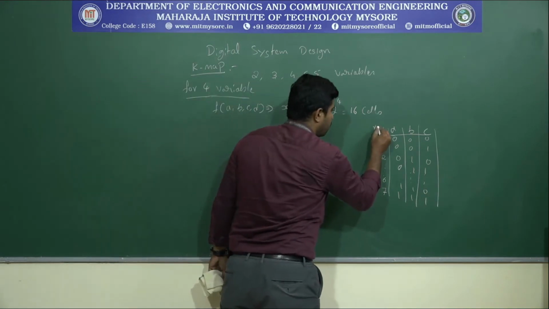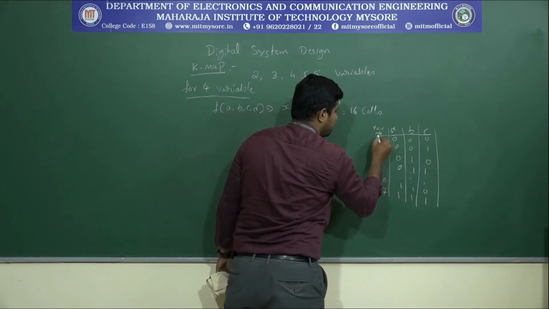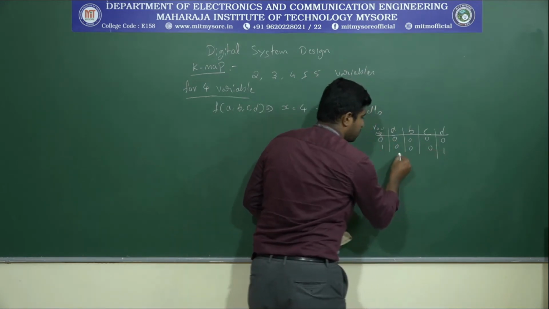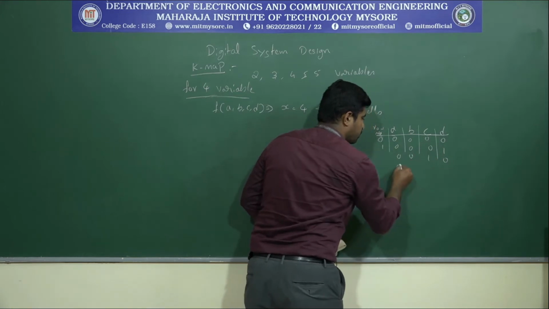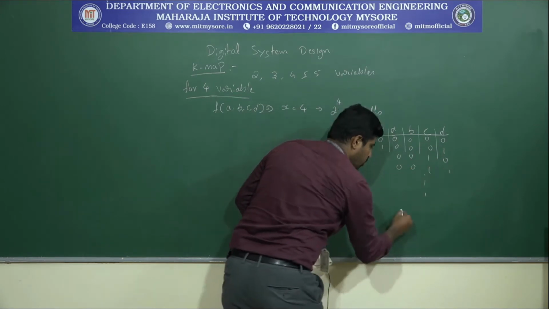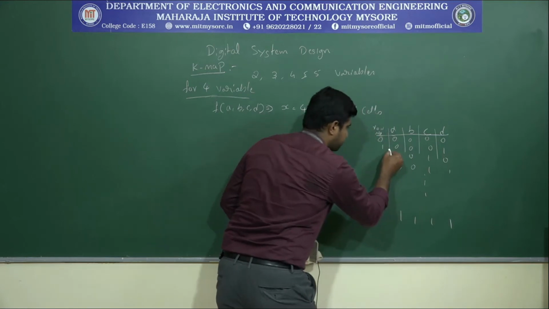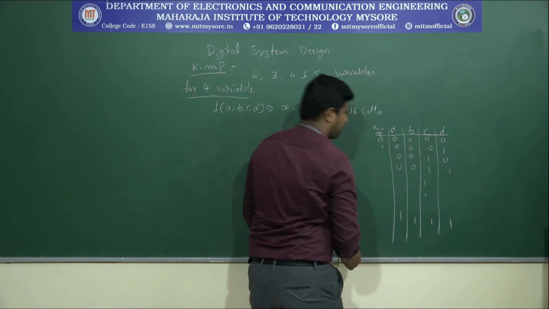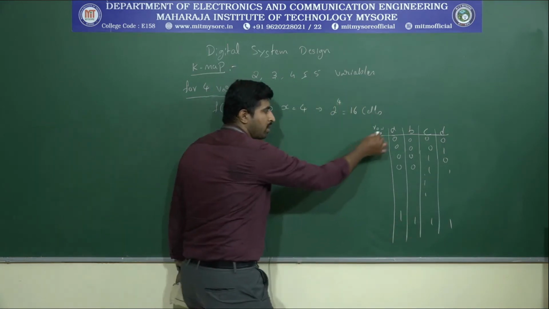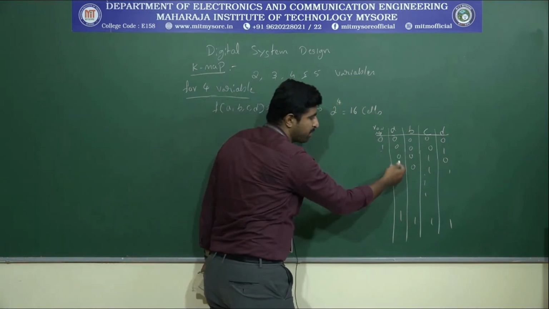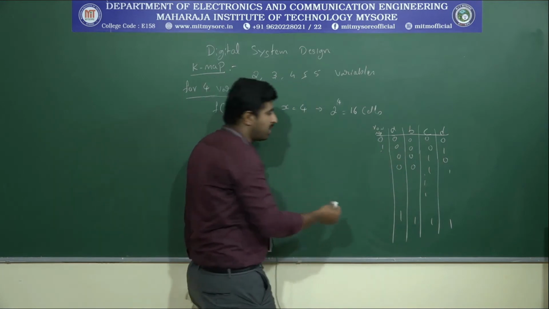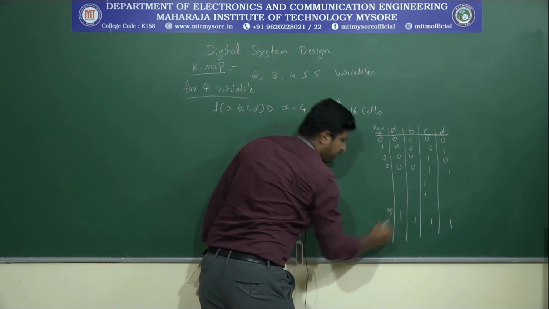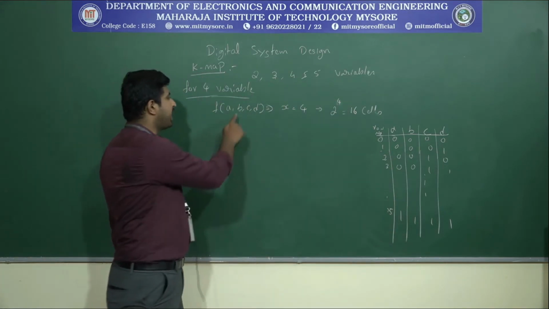Here the row numbers 0, 1, 2, 3: 0, 0, 0, 0, 0, 0, 0, 1, 0, 0, 1, 0, 0, 0, 1, 1, up to 1, 1, 1, 1. According to the row numbers, the decimal numbers with respect to the rows are 0, 1, 2, 3 up to 15.